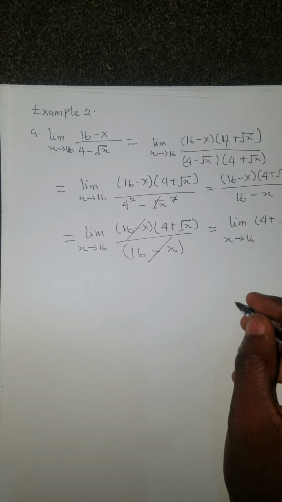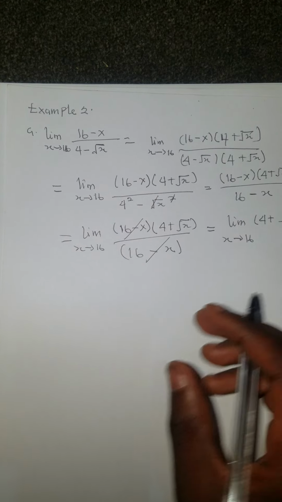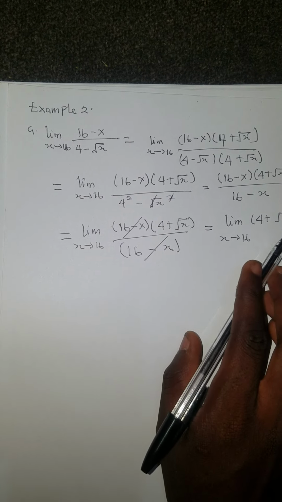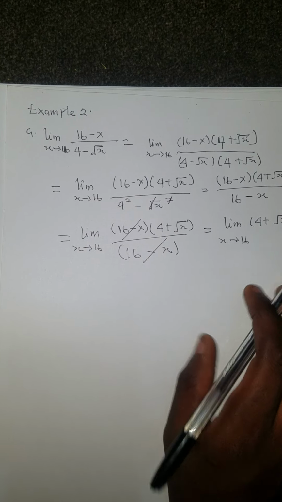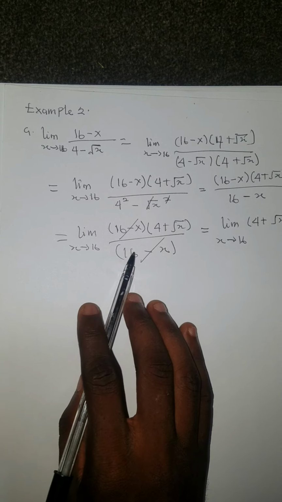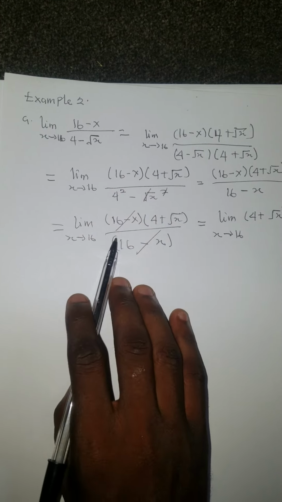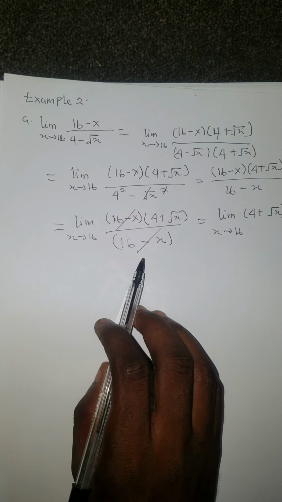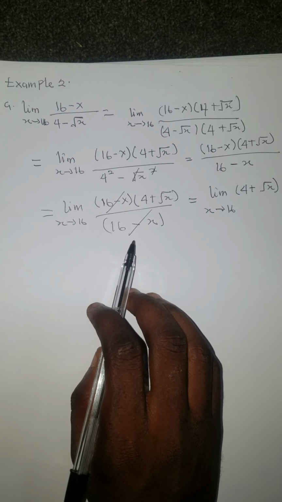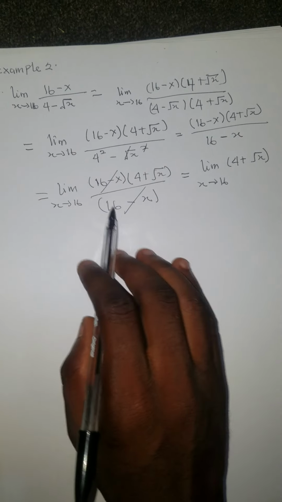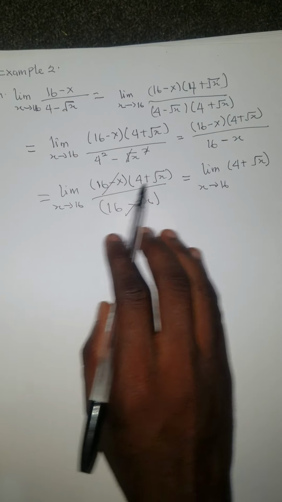Now I told you that we are just manipulating the function to get the basic form or the simplest one, and then we'll substitute it inside. If we would have substituted from here, everything would have been 0 over 0, which would be wrong. So I decided to cancel this out before we substitute.